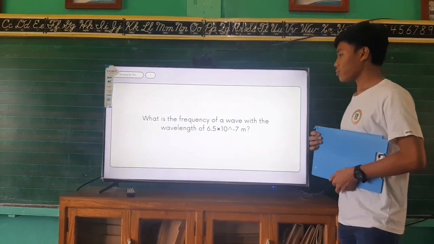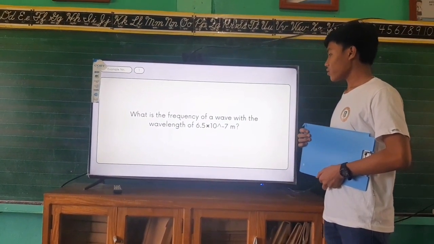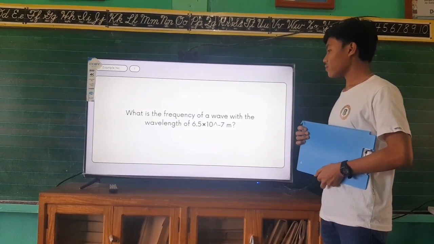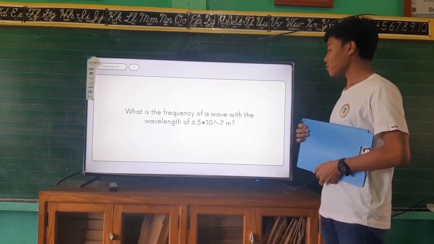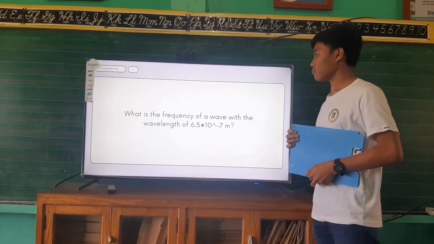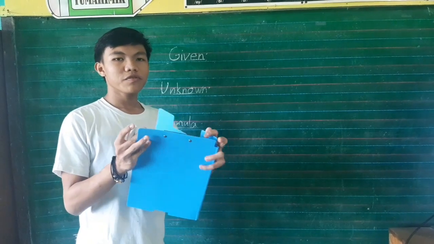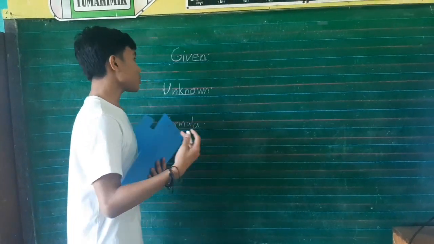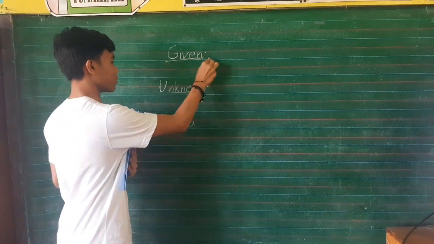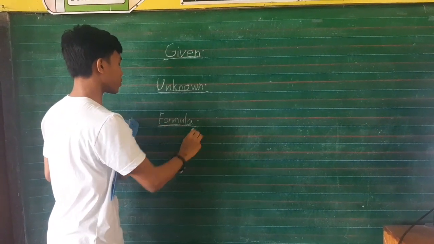For our first example, we have here: what is the frequency of a wave with the wavelength of 6.5 times 10 raised to negative 7 meters? Now then, follow me and let us equate. Before we start equating, we must identify the given, unknown, and formula.